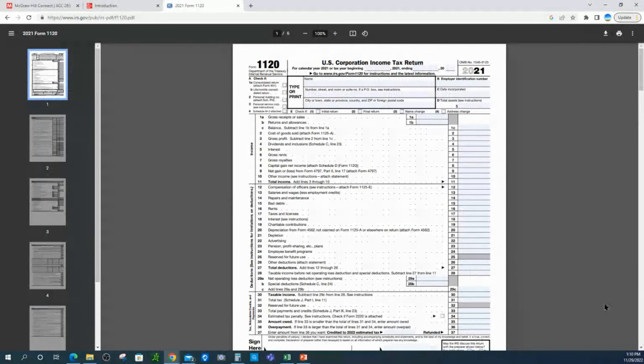So again, my point being just that it's very similar to a partnership return, very similar as far as the layout and the types of expenses. The expenses are the same. That whole requirement that the expenses be ordinary, necessary, and reasonable applies to corporations as well. That applies throughout the tax code.